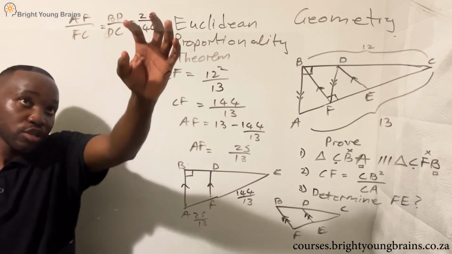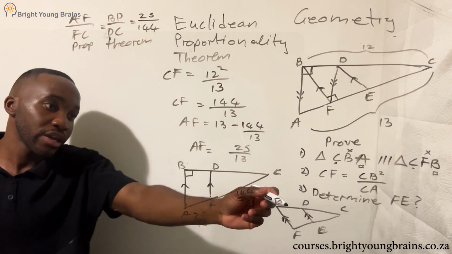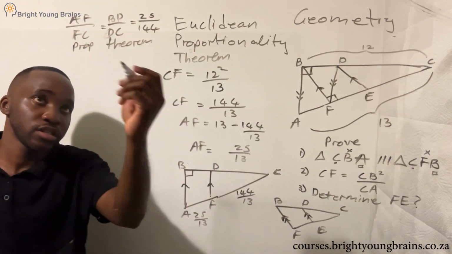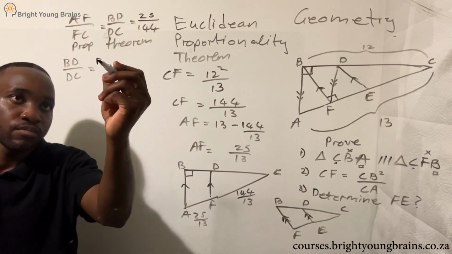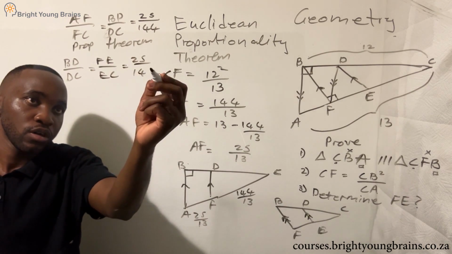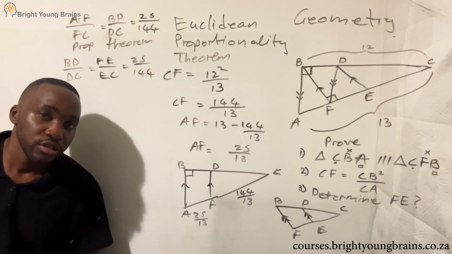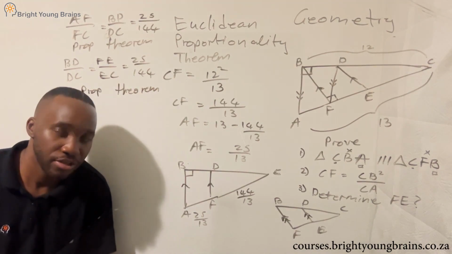So from here, we are now also going to write out that BD over DC is equal to FE over EC, which is also technically then equal to 25 over 144. That's just a ratio. And the reason for writing down that ratio is just the proportionality theorem.